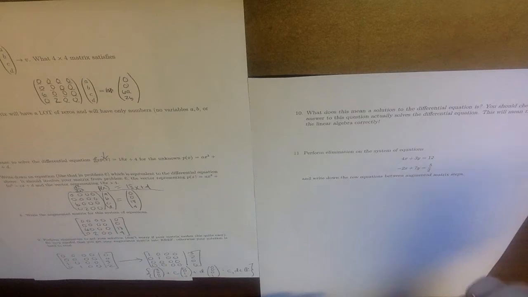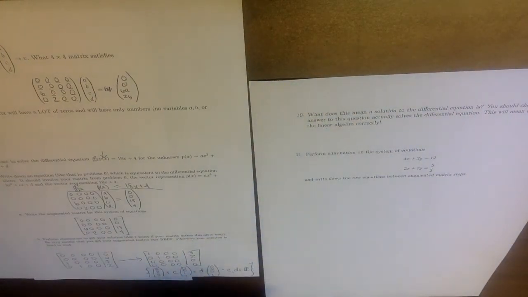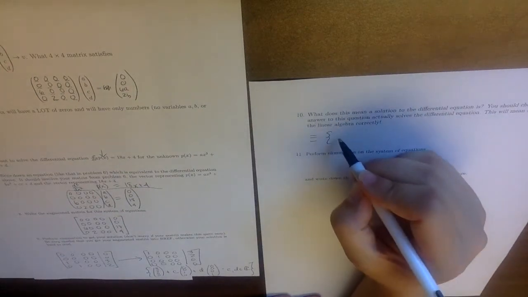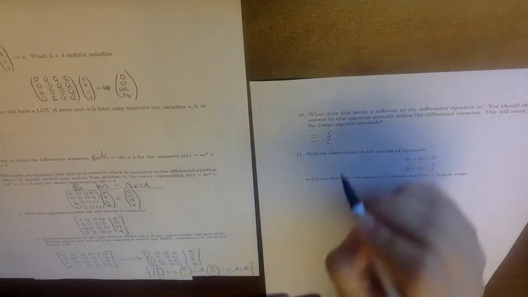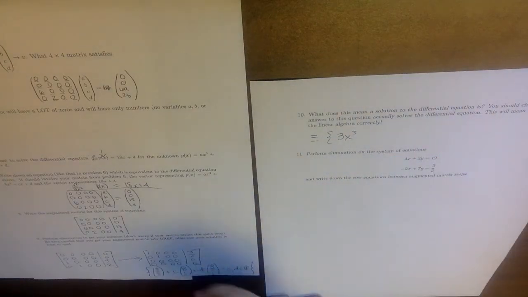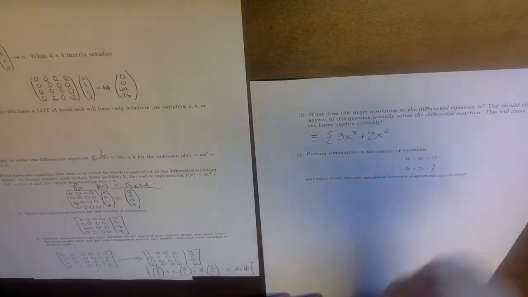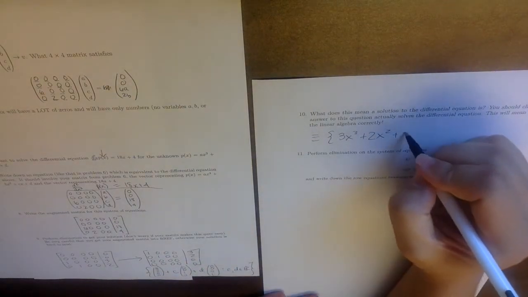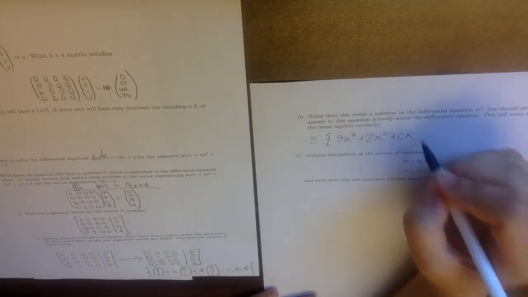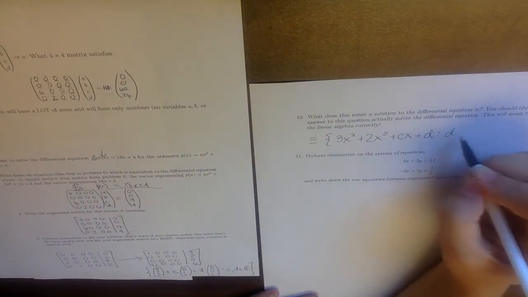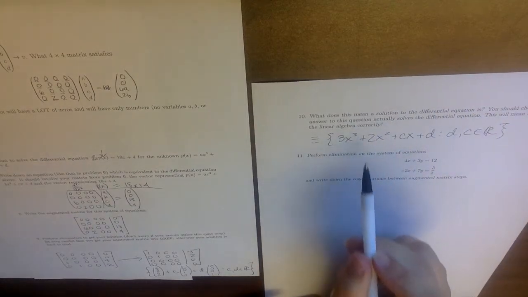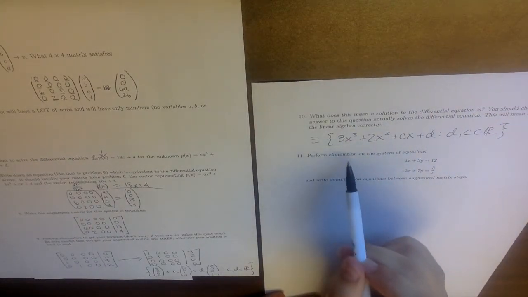Now this solution set that I wrote down is equivalent to the set of polynomials that have 3x cubed plus 2x squared plus 0x plus 0, plus c times x plus d times 1. Okay, which we know are the solutions to this differential equation, right?